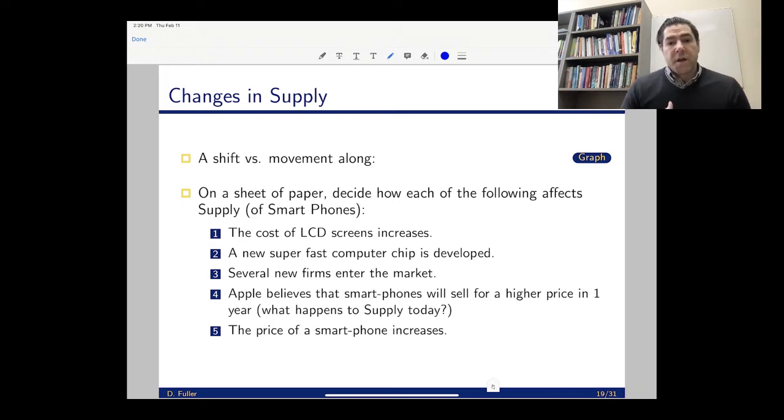here's 5 different changes, and we want to sort out whether each of these changes will A, shift the supply curve or move along it, and then B, in which direction is the shift going to go. So these are here, look through them, give them a try, right? So what do you think is going to happen to the supply curve and in which direction? Most of them are fairly intuitive.